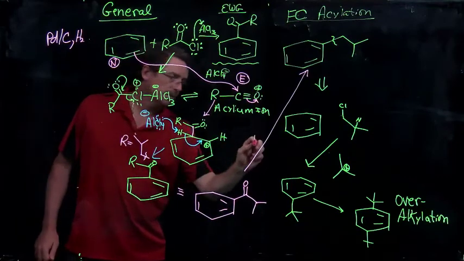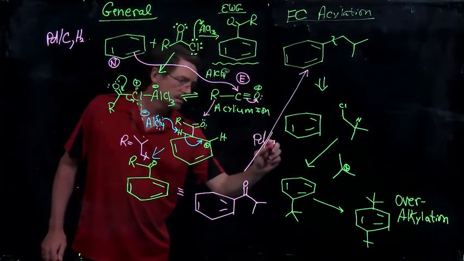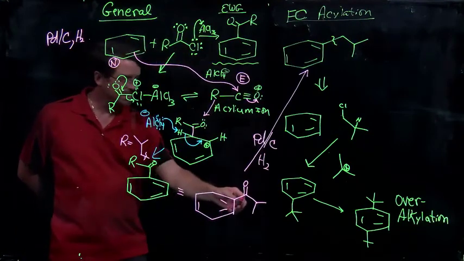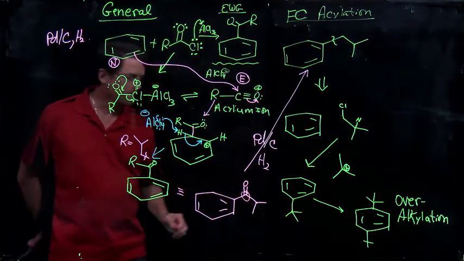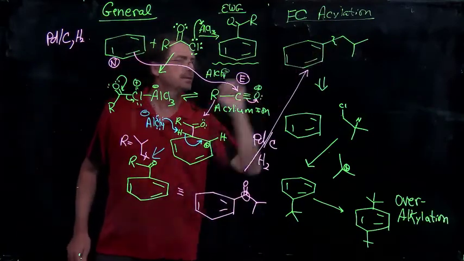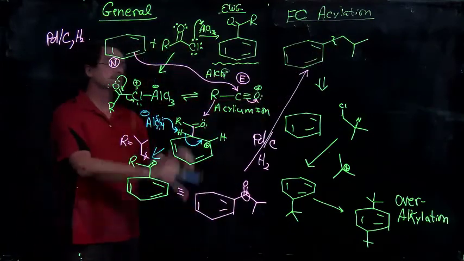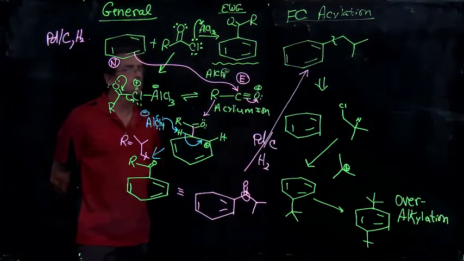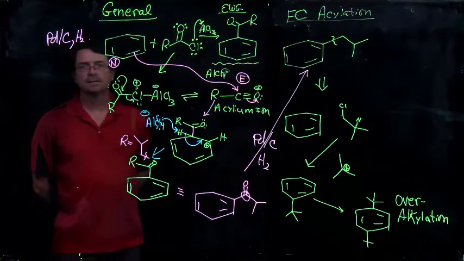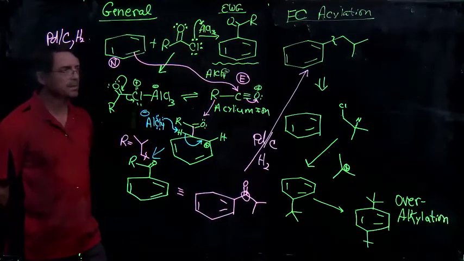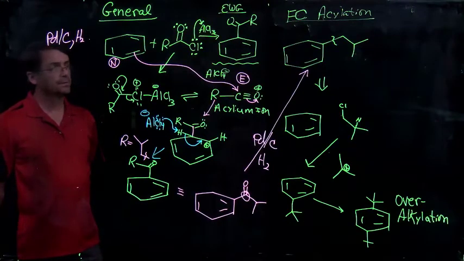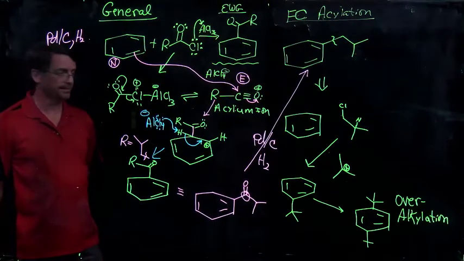And so that's what we will use, palladium on carbon and hydrogen gas, and that converts a benzylic, remember, the carbonyl has to be at the benzylic position, converts it to the CH2 group. So for instance, this might be a way we could make an isobutyl group in ibuprofen, and of course ibuprofen is made on the kilotons scale annually, and it's made very efficiently, both synthetically and cost effectively.